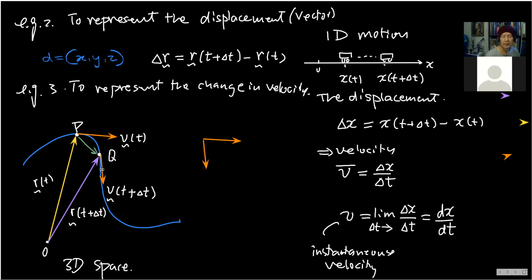Okay, so if that's the case, how do we draw the change in the velocity? Remember, this is the velocity at time t, right? And this is the velocity at t plus delta t. Yes, you are right.